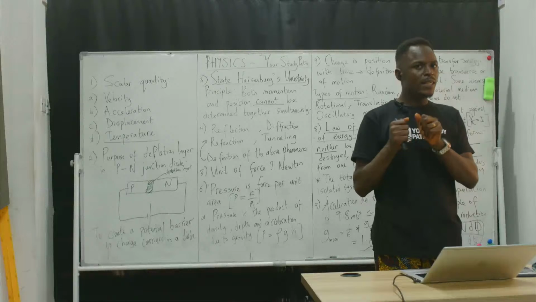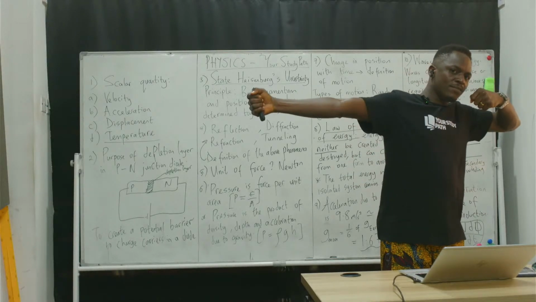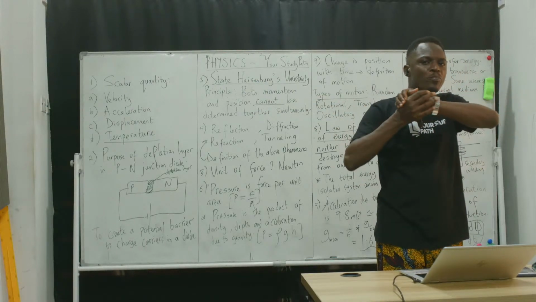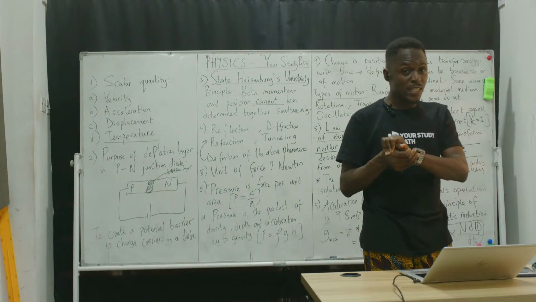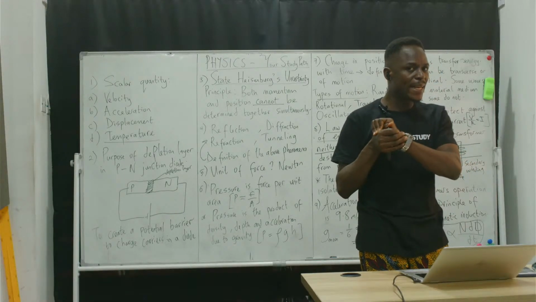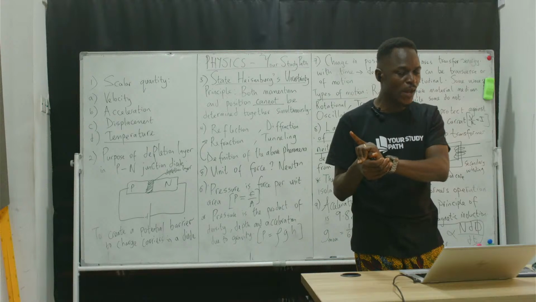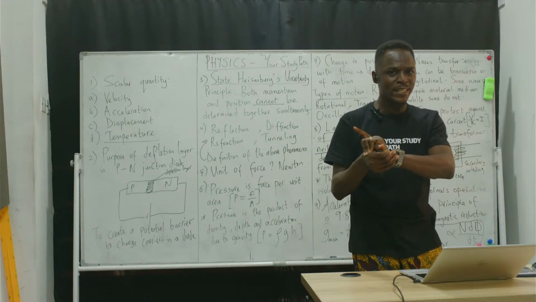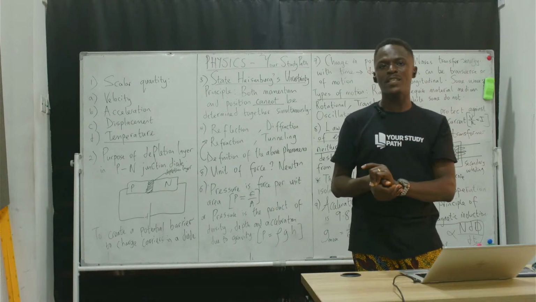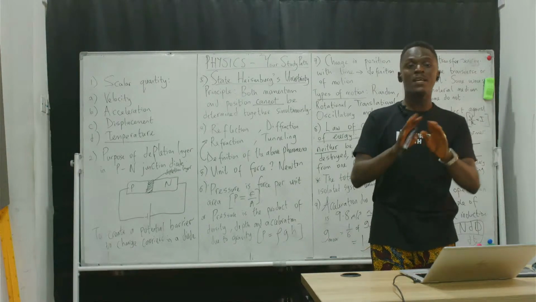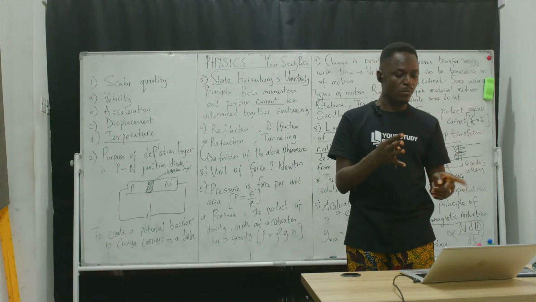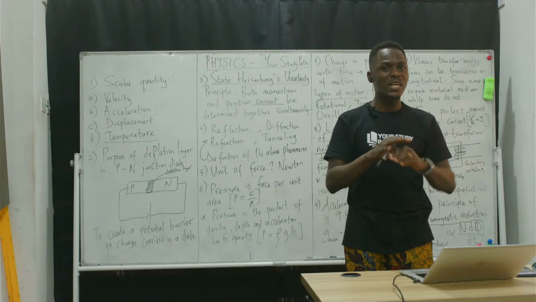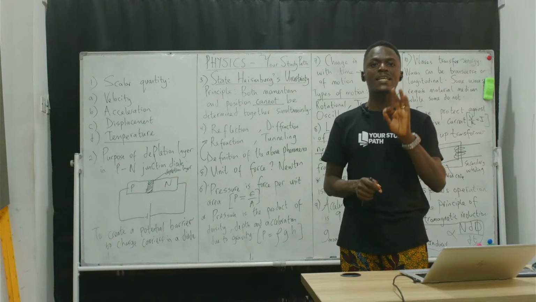Note the word, the stretched string or a compressed string. What form of energy do you have in either case? Could it be kinetic energy or potential energy or thermal energy or electrical energy? You can always knock off the wrong answers. Electrical energy has nothing to do with it. Thermal energy, which is heat energy, has nothing to do with it. It's between kinetic and potential.